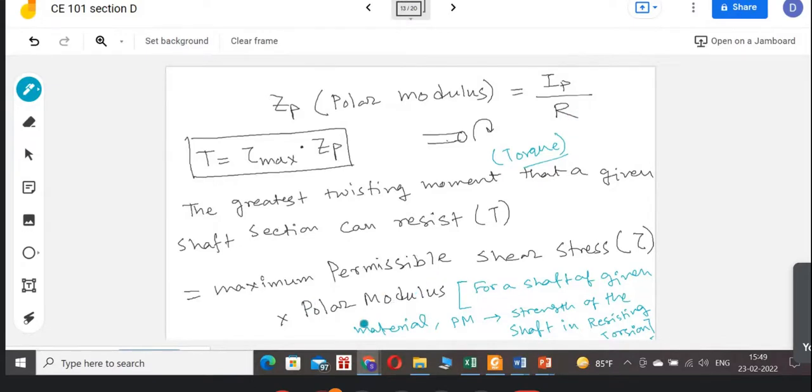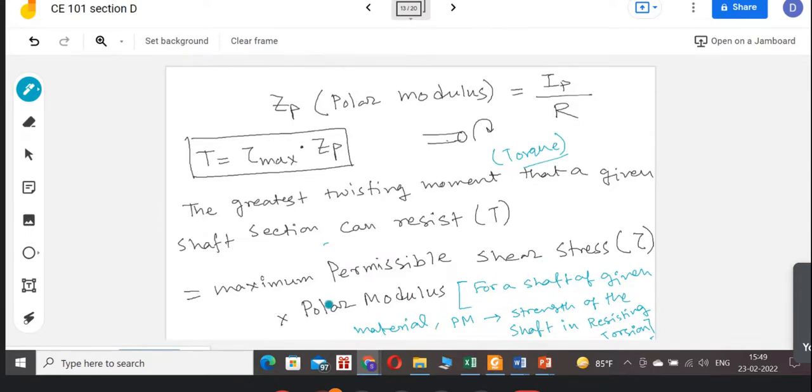So it has nothing to do with how much torque is acting or not. Whatever cross section we use in the shaft, this polar modulus gives us the sectional properties or the strength, where the torque and the stress are connected to each other because one is the applied torque and the other is coming from the internal reactions.